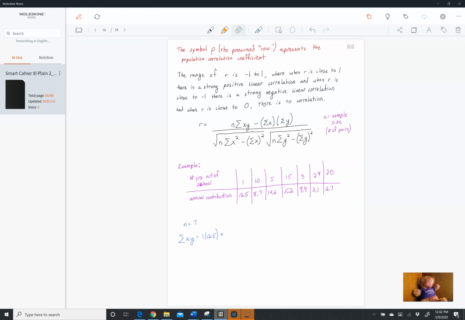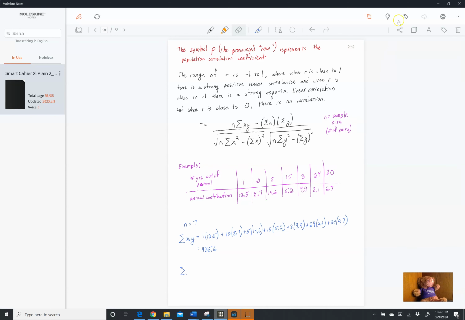We're going to add that to the 10 times 8.7 plus 5 times 14.6 plus 15 times 5.2 plus 3 times 9.9 plus 24 times 3.1 plus 30 times 2.7. What is this equal to? This is equal to 435.6. You could try it in your own calculators. Then we have to keep going.